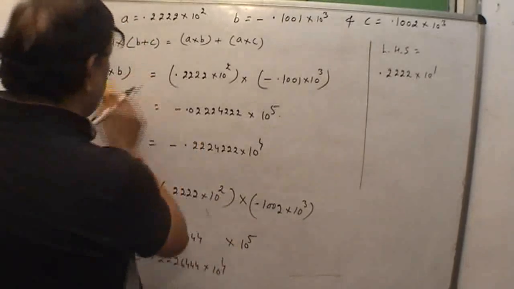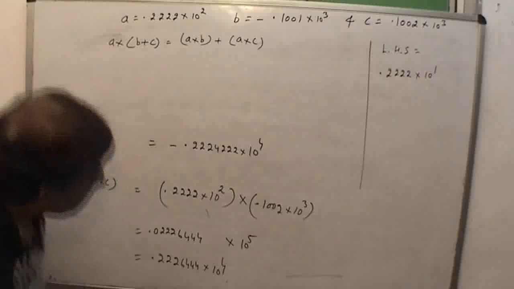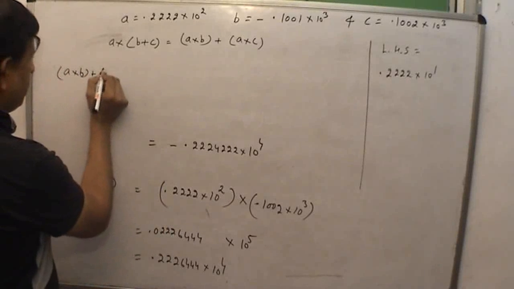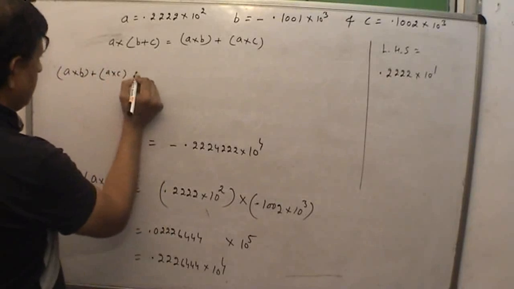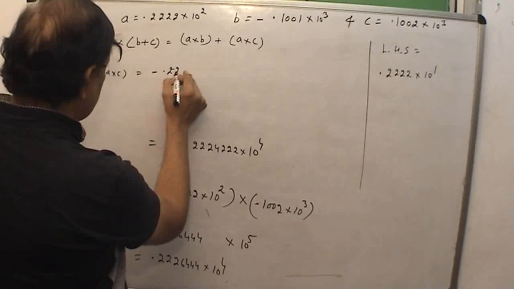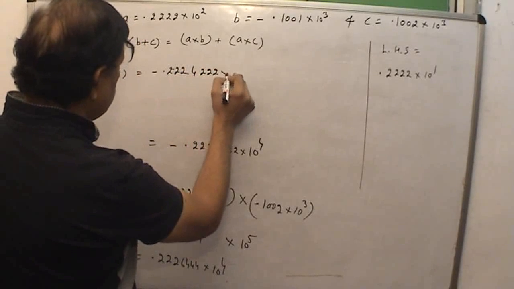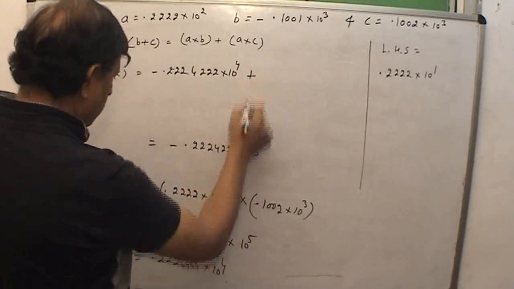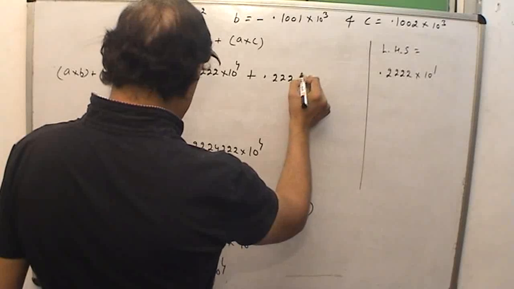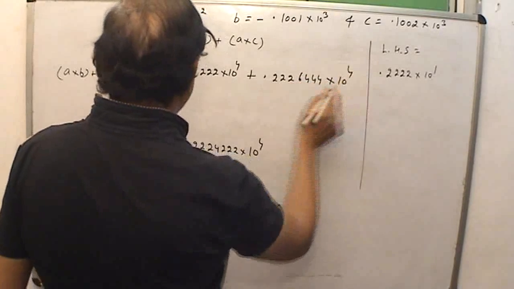Now, the last step of addition: A multiplied by B plus A multiplied by C. That is equal to minus 0.222422 into 10 raised to the power 4 plus 0.222644 into 10 raised to the power 4.